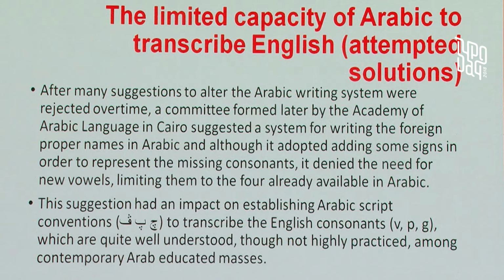There were so many competitions, and all suggestions were eventually rejected, and finally a formal committee in Egypt decided that they could add three consonants, which are the P, the V and the G, by adding three dots under the Jim, three dots over the F and three dots under the Ba.